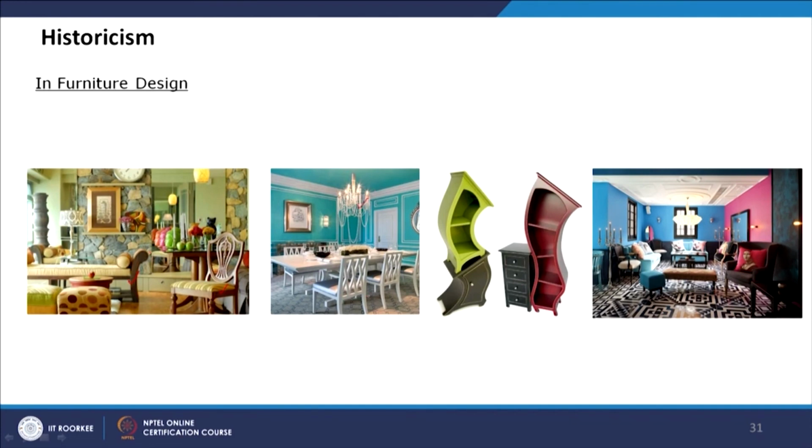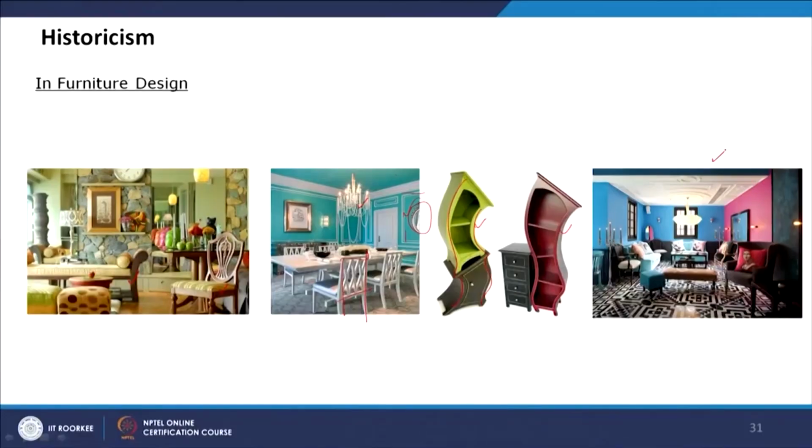Here the chandeliers are blended with very modern chairs, but the colors, borders and mirrors are a depiction of history. And here you can see old classical cabinets turned and twisted and changed into a contemporary postmodern style. So this is also historicism.